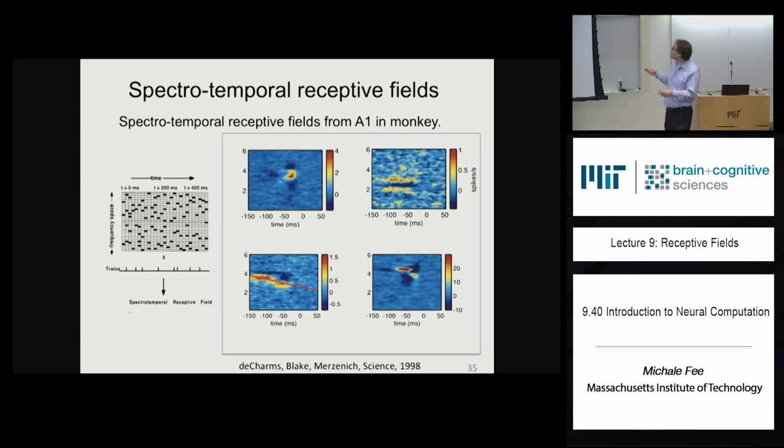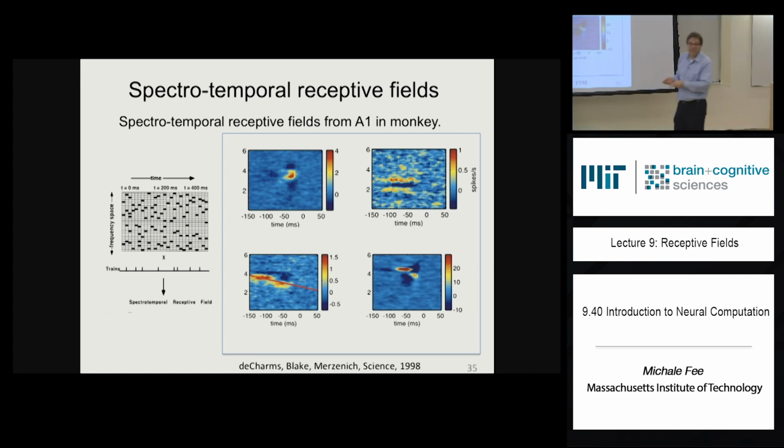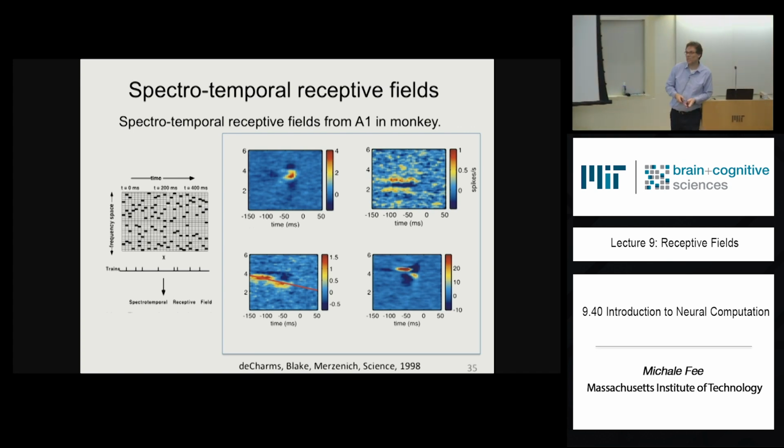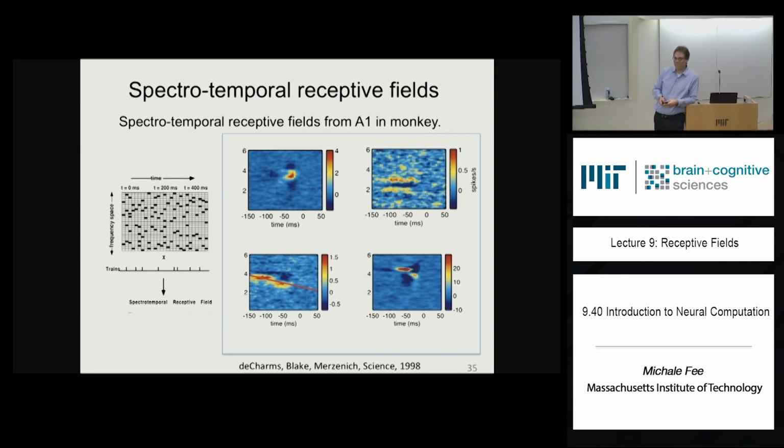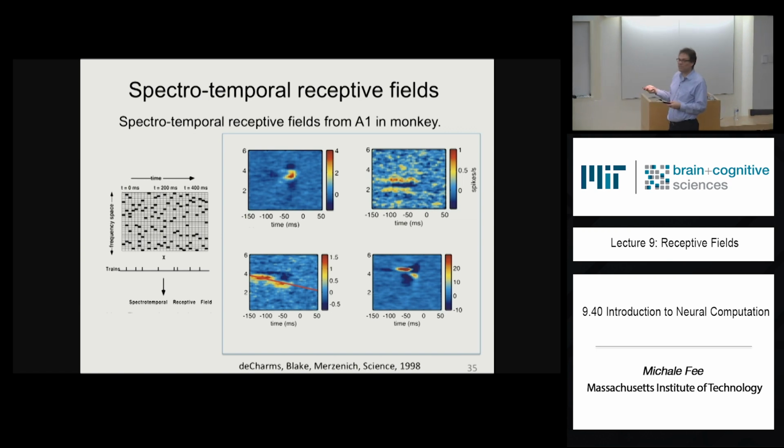Okay. How about this? Let's take a look at this neuron right here. What about that neuron? What does that neuron want to respond to? What does it like to hear? I'm anthropomorphizing shamelessly. You're not supposed to do that. What kind of stimulus drives this neuron?